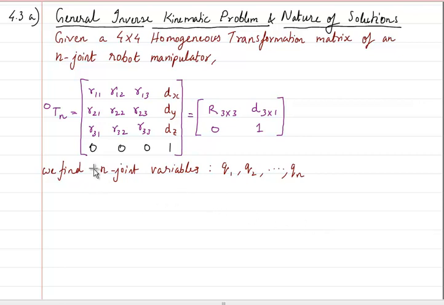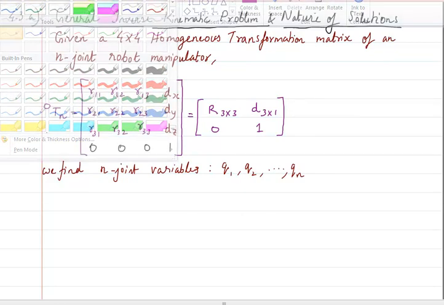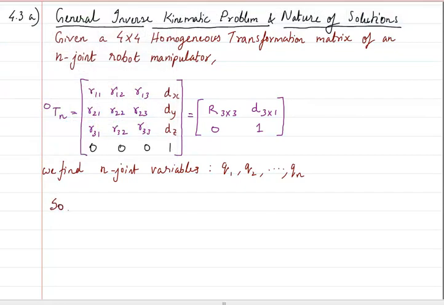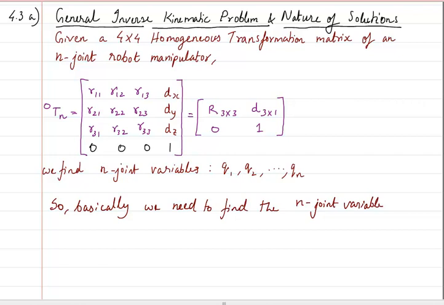Basically the problem is that we need to find the n joint variables from this transformation matrix.